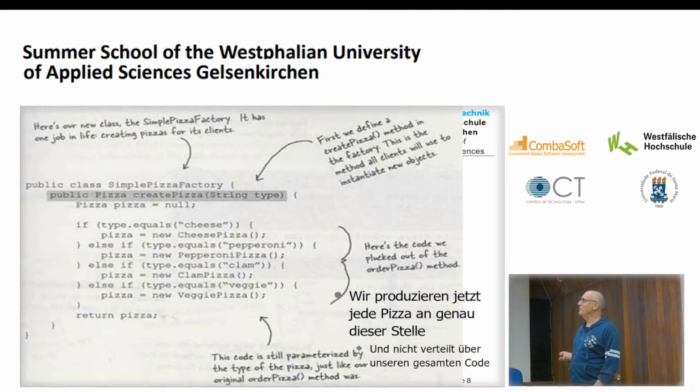Here's a string, and this. And now we have moved these lines of code to this place, and yes, we have removed them from the other part. So we have now a place where only this code is, and if we want to add or remove pizza, we can do it here.